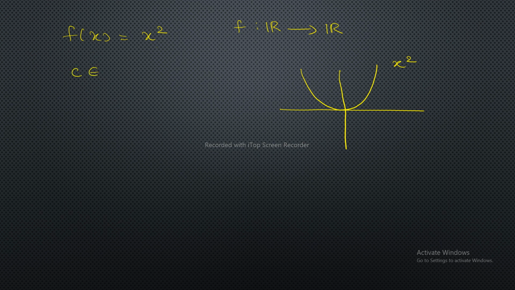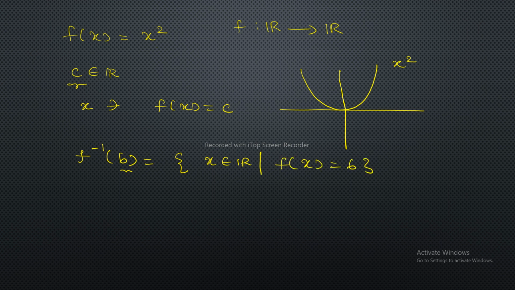I have to fix a C in R, and find all those x such that f(x) is equal to C, the inverse image of C. So I'm going to check f inverse of 6, some random number. You collect all those x in R such that f(x) is equal to 6, that is x squared is equal to 6, so x is equal to plus or minus root 6.